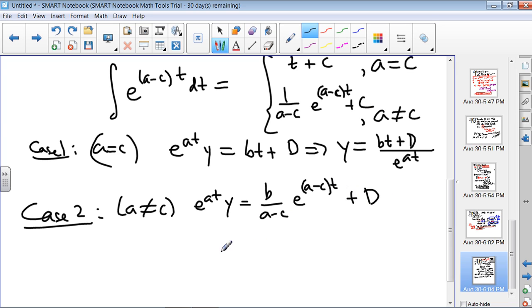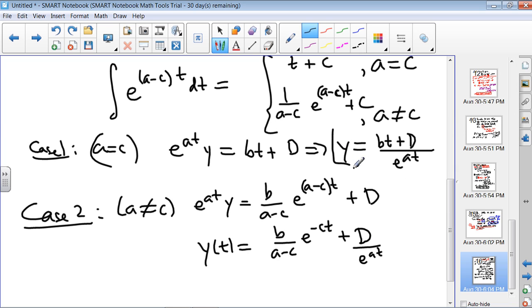So we solve there for y, and it's going to look a little strange, but here's an e to the at. It would be downstairs here, and that would cancel out with this e to the at, leaving us e to the minus ct, plus d divided by e to the at. We'll just leave that in there. Okay. So these are the two solutions that we get in the two different cases.